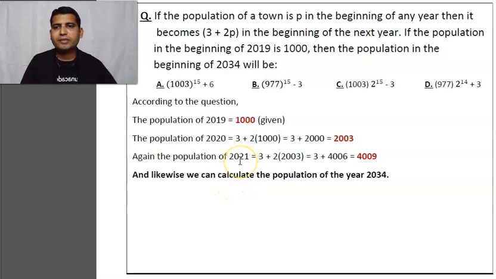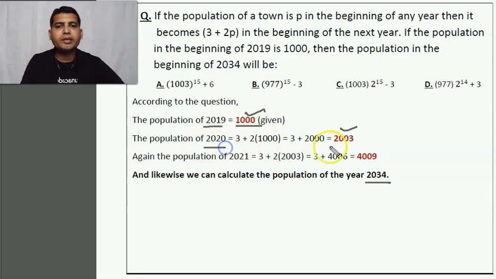Okay, and likewise we will calculate the population of the year 2034, which is actually asked in the question. But here is a problem, which is what exactly I would like to convey to you. To calculate the population at the beginning of year 2034, I can go likewise: at the beginning of 2019 it is given as 1000 people.